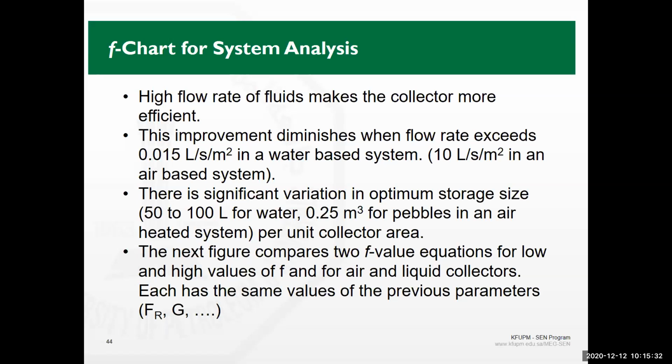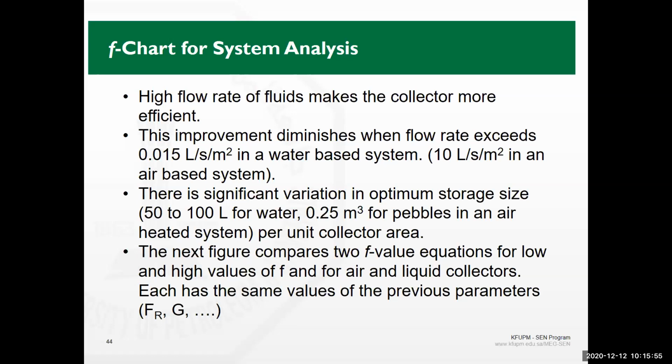There is a significant variation in the optimal storage size as well. It's not standard. 50 to 100 liters for water, and 0.25 cubic meter of pebbles in an air-heated system per unit area of the collector. Actually, in one of the famous softwares, which is called RETScreen, it uses a typical value of 75.